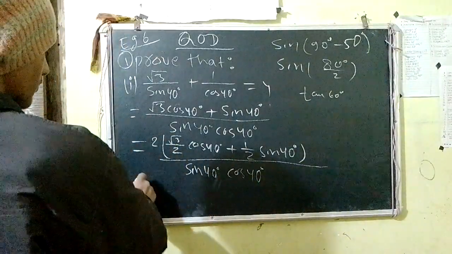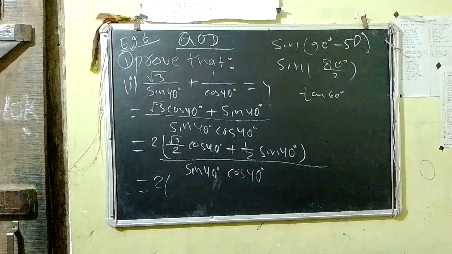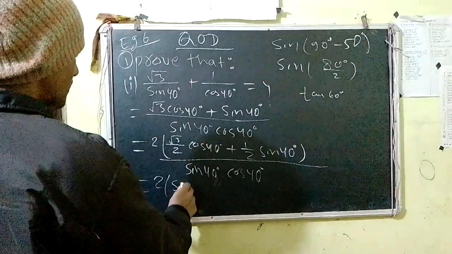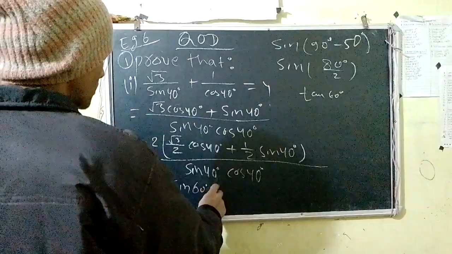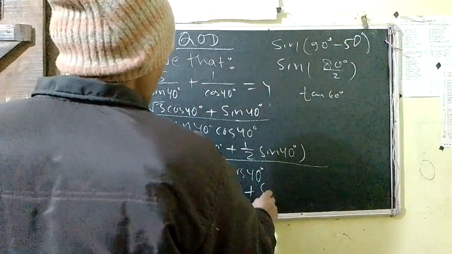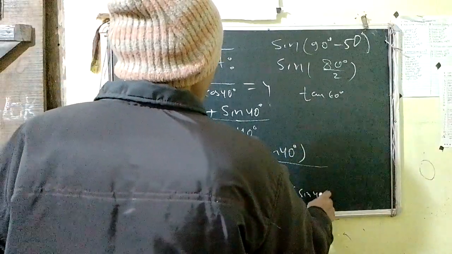Now 2 as it is, and root 3 over 2, if you want to write it in terms of sine, will be sine 60 degrees times cosine 40 degrees, plus this in terms of sine will be sine 30 degrees times sine 40 degrees.